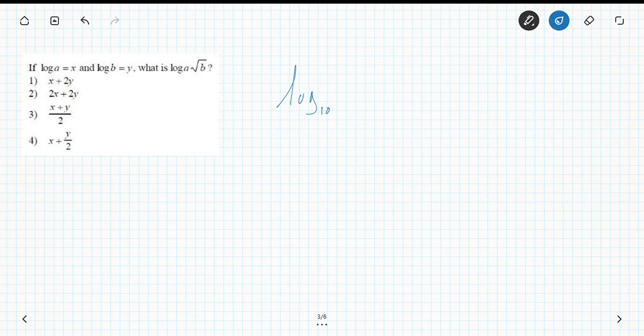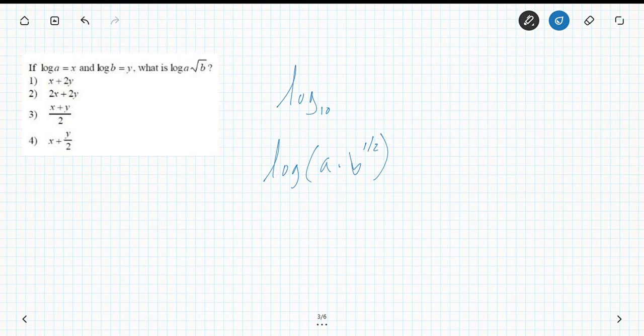Alright, so we have the log base 10 of a equals x, and the log base 10 of b equals y. So what is the log of a times the square root of b? Now here we have to rewrite that last expression in terms of exponents. So a times, what's the square root of b? It is nothing but b to the 1/2.